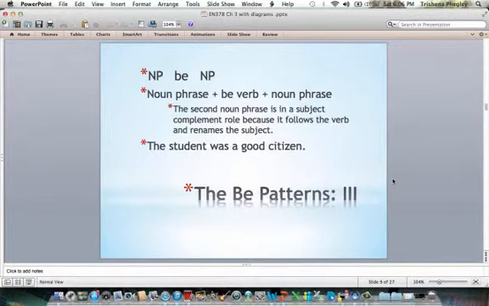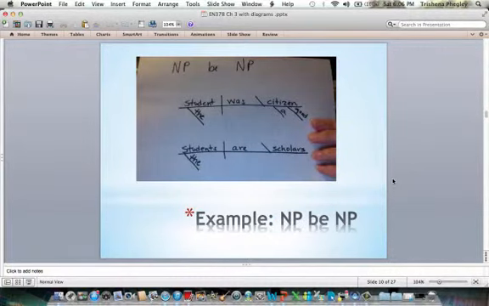Okay, the next one, noun phrase, be verb, noun phrase. In this case, the second noun phrase follows the be verb, and it is a noun that renames the subject. If you looked in the textbook at all, it had little numbers on some of these sentence patterns. So in this example, it was NP with a little 1, B, NP with a little 1.